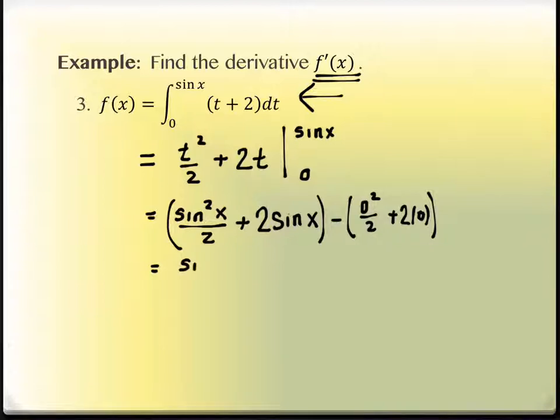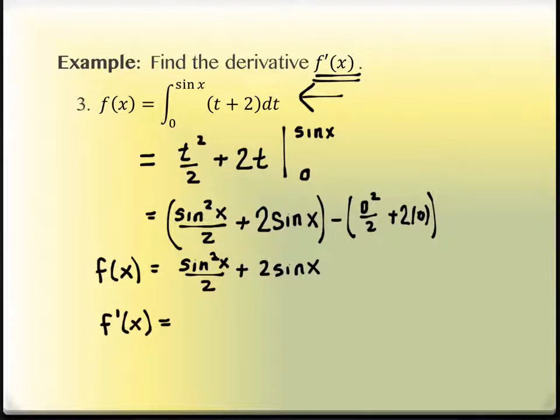So we end up with sine squared of x over 2 plus 2 sine of x, and this is our original function f of x. That is not what this question asked us to do. It asked us to find f prime of x. So now I need to take the derivative of this function. What is going to happen when I take the derivative of sine squared?